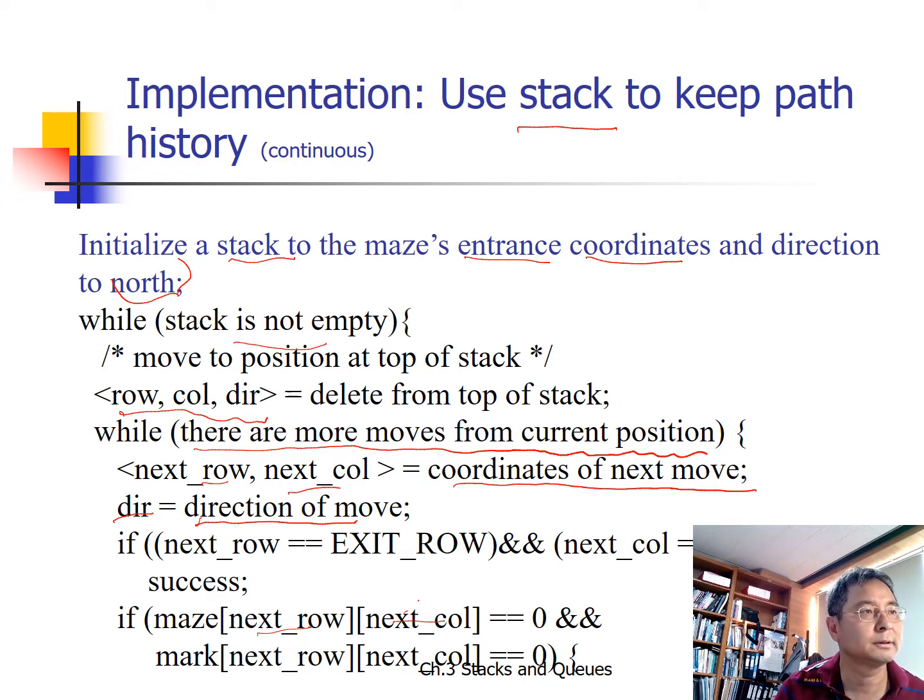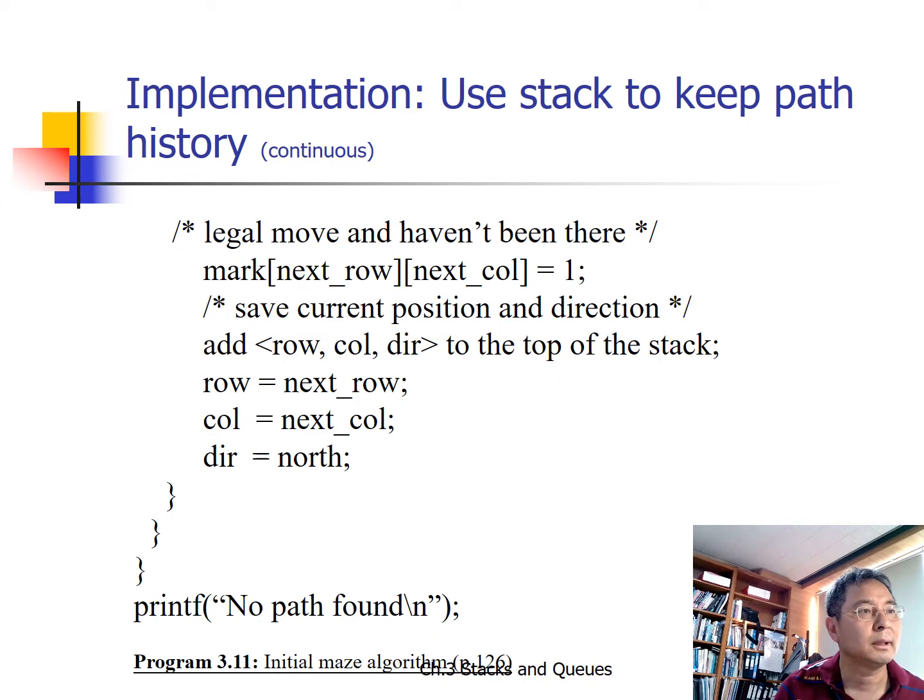It will be looped. And next row, next column is okay. Also, we introduce a mark array in order to distinguish whether this location was visited earlier or not. If it was visited earlier, we do not need to go there again. Okay, so in order to do that, we will use a mark array also.